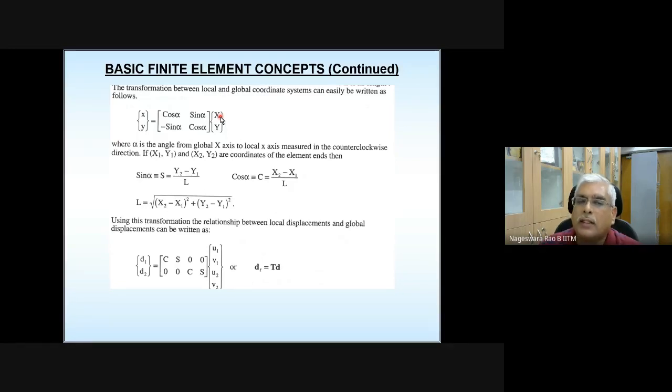So D1 is given by cosine, or instead of always writing cosine alpha, you can write it in a compact notation. Let's call this C and this S. So D1 is equal to C times U1 plus S times V1. That is what is written here.